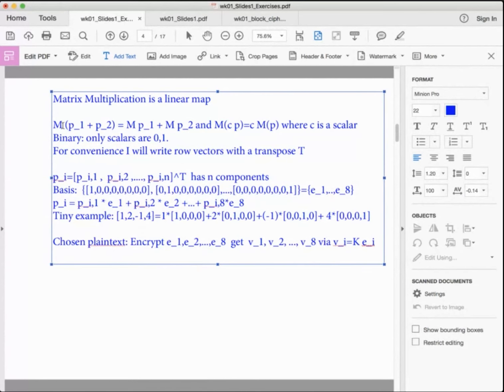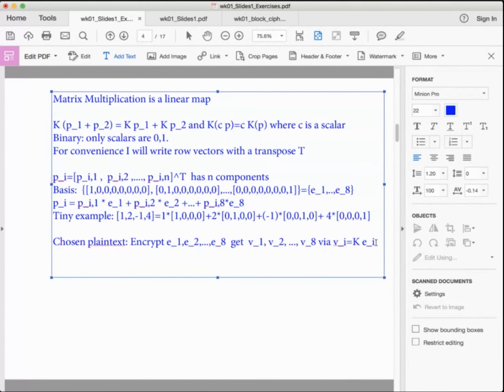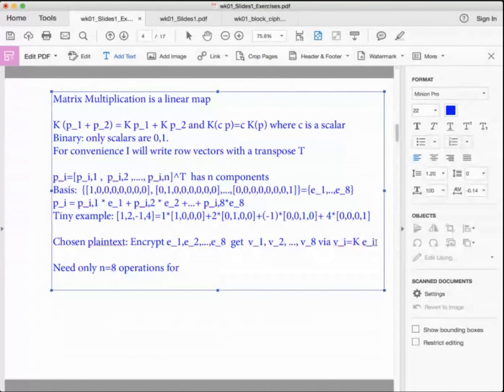Oh yeah, I should use K because I had K for the key. So for each basis vector, I find what the output is and call it VI. I need only N, that is 8, operations for this.